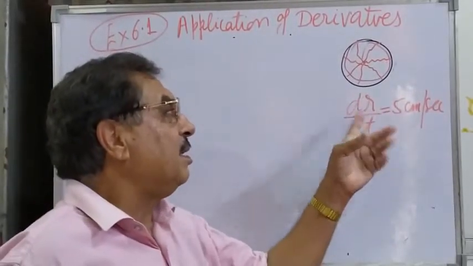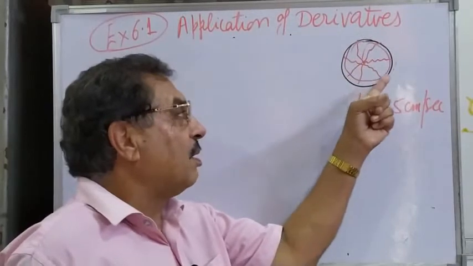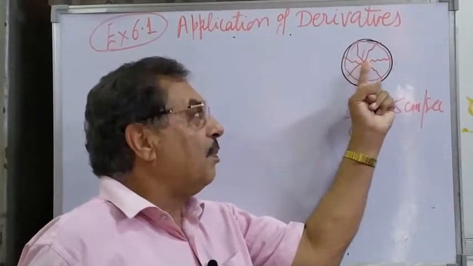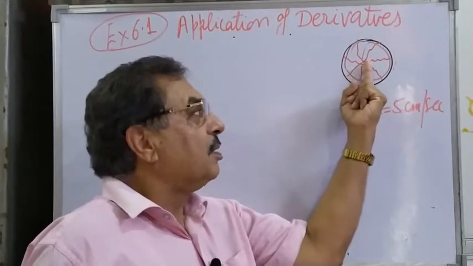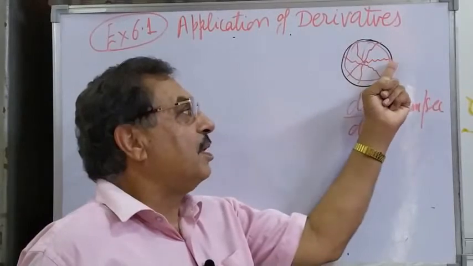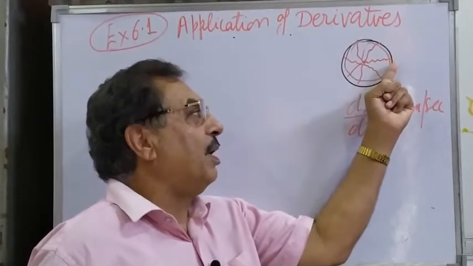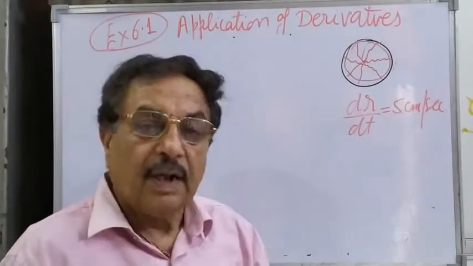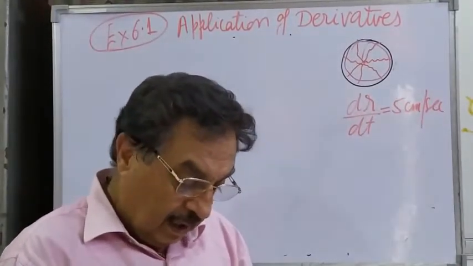Why dr by dt? Because it is moving in a circle. The distance from the center to the circumference, its boundary, is called the radius. So dr by dt is equal to 5 centimeter per second, which we have been given.